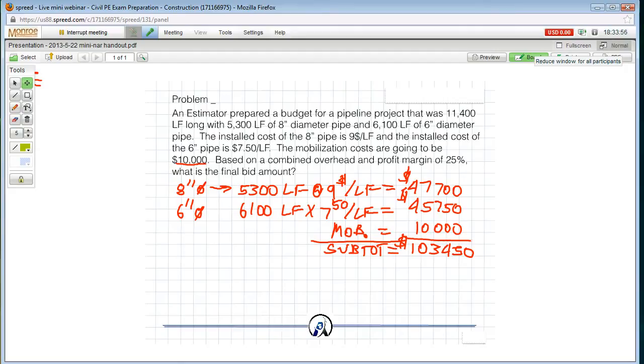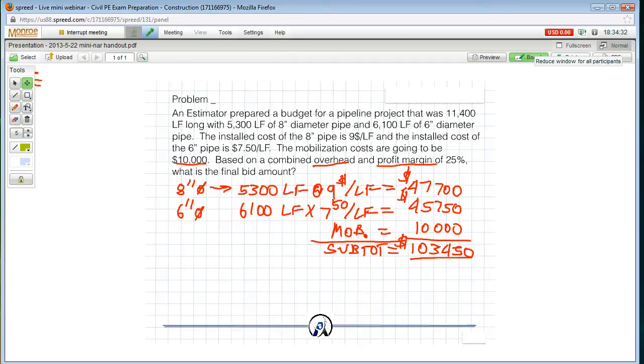And so now we want to account for the overhead and profit margin. Before you just multiply this value by 0.25 and add it to the subtotal, or just multiply it by 1.25, be careful about doing that, because it says that it wants an overhead and profit margin of 25% for the job, which means your profit margin by definition is a percentage of the total revenue.